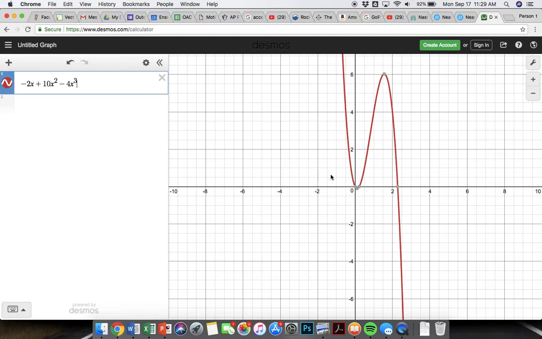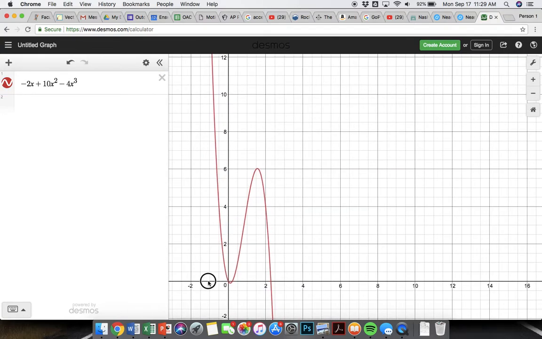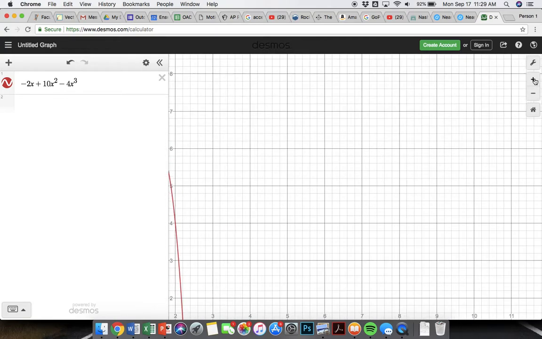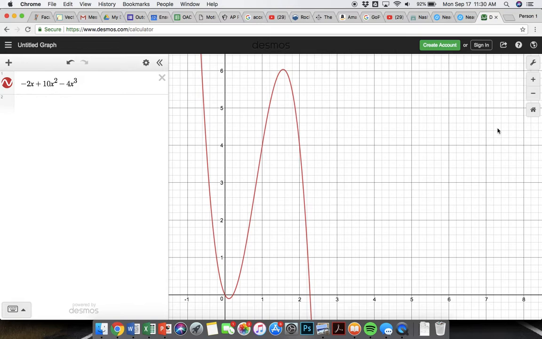All right, so here's my kind of wacky position function. We typically don't deal with times before t equals 0, so let's zoom in and focus on times with positive values. If you remember from our notes, we noticed that it switches directions at 0.1 seconds and 1.56 seconds. And we see that here.